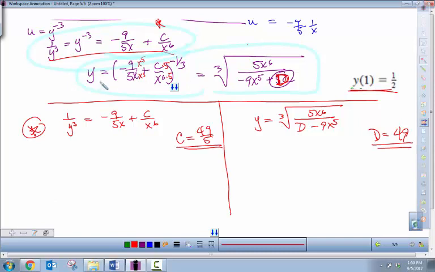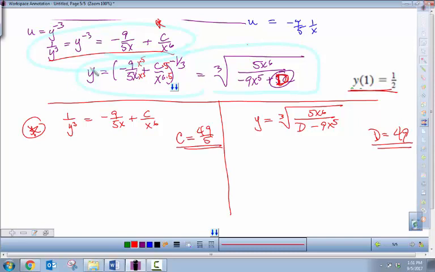Versus doing the y equals, and then trying to solve for the unknown constant after you've combined it with other terms. So this has a little bit more algebra involved, and we tend to like the algebra with numbers instead of with variables most of the time.